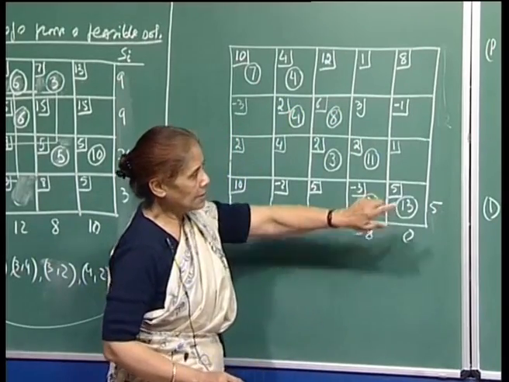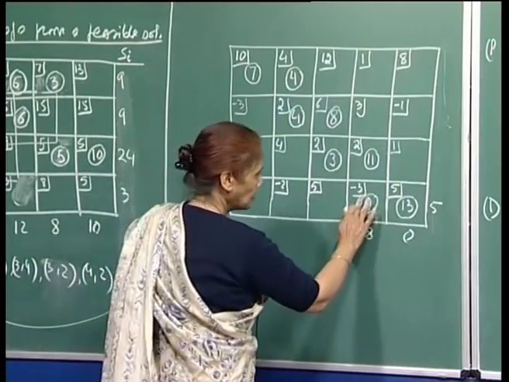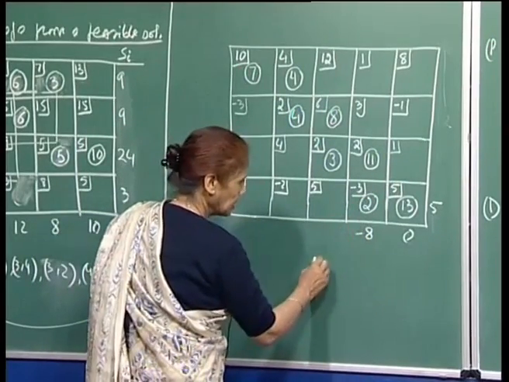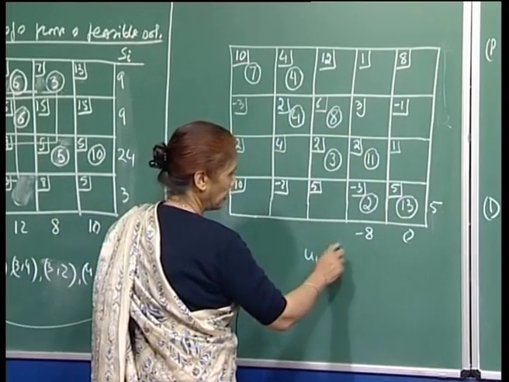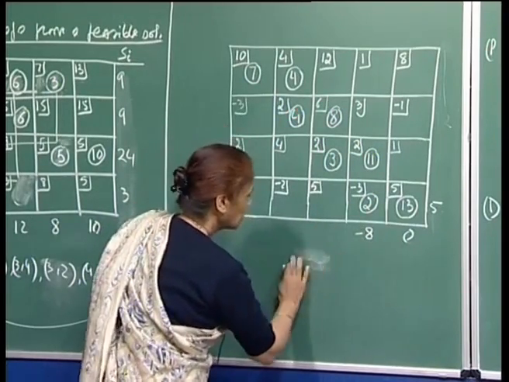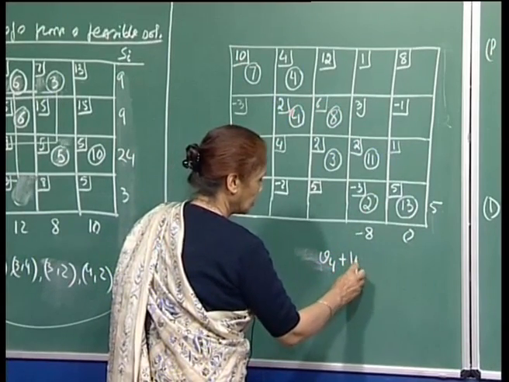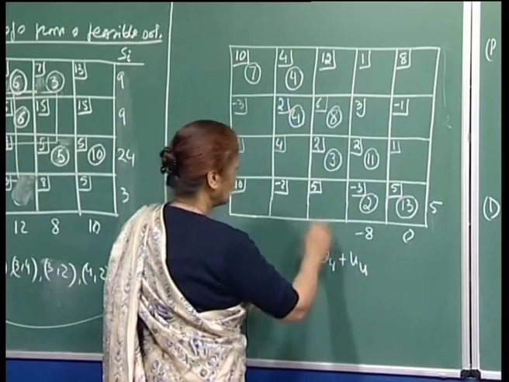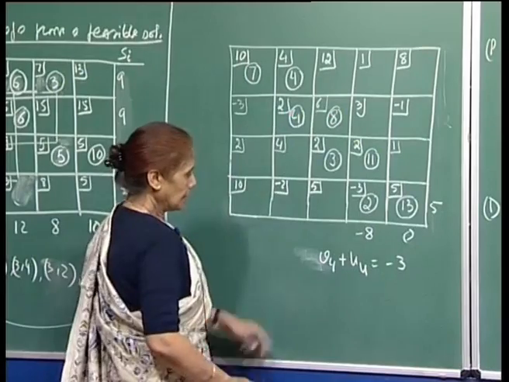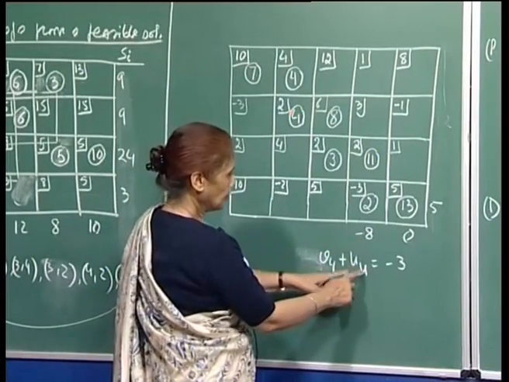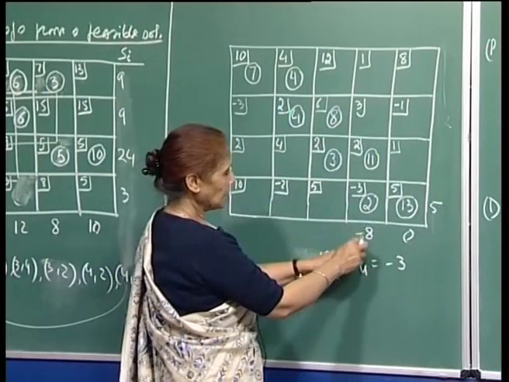Because for the basic cells the dual constraints have to be satisfied as equality, right. So, here the corresponding dual equality constraint is, this is 1 2 3 4, so this is V4 plus U4, this is 4 4, which should be equal to minus 3. Now I know that U4 is 5. If U4 is 5, V4 will become minus 8.